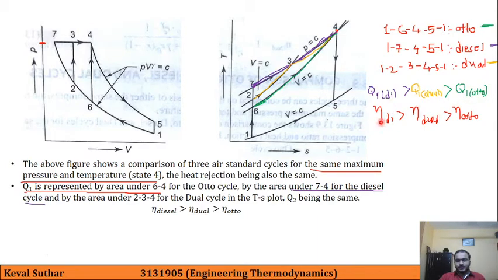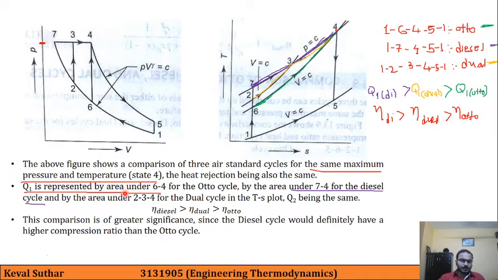So the efficiency of the diesel cycle is maximum in this case, then the dual cycle, and then minimum is for the Otto cycle. This comparison is of greater significance because the diesel cycle would definitely have a higher compression ratio than the Otto cycle.